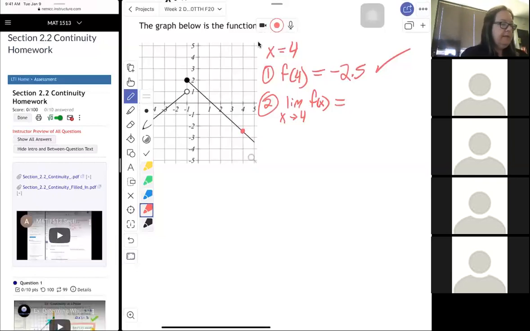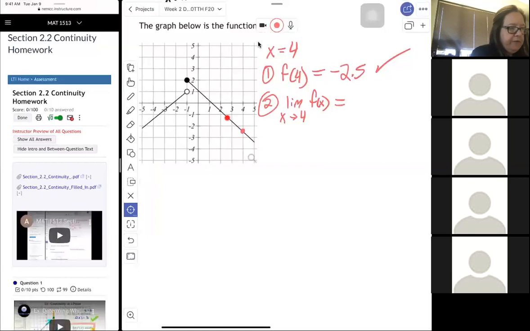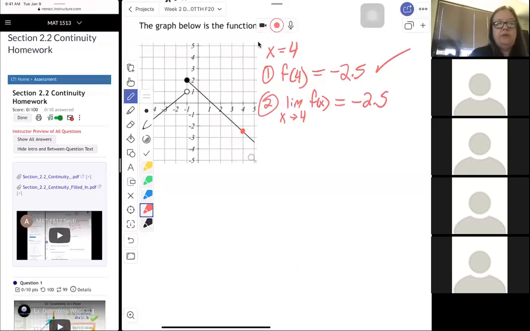So let's look at this, and let's come in from the left. Remember, you don't have to go back real far. Come into x equals 4 from the left along the graph, and it looks like my y value is coming into -2.5. It looks like that, and it actually is true. It is coming into that point. So as x gets closer and closer to 4, y, or f of x, gets closer and closer to -2.5. That's from the left.